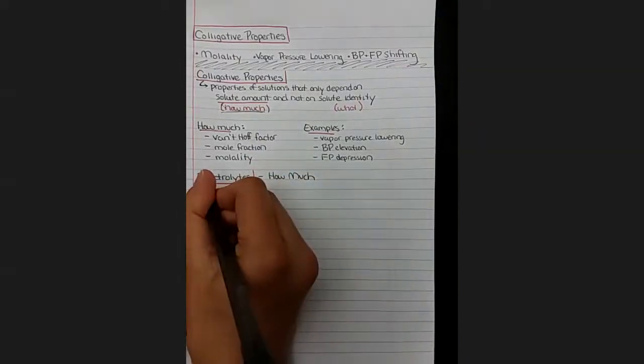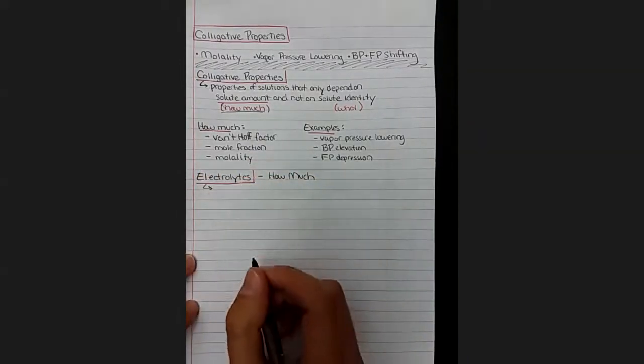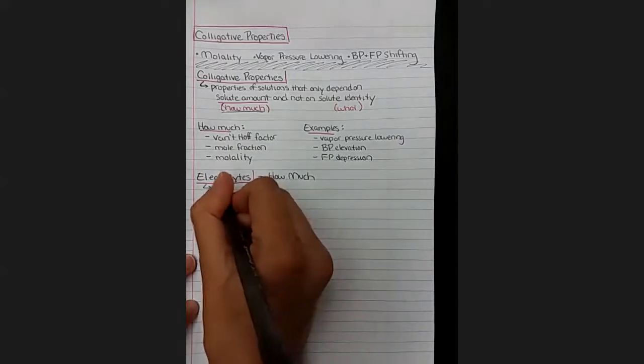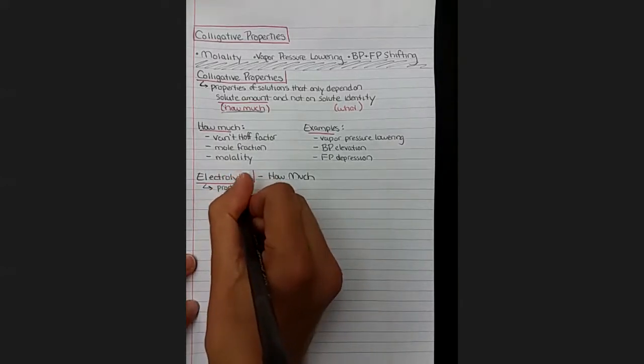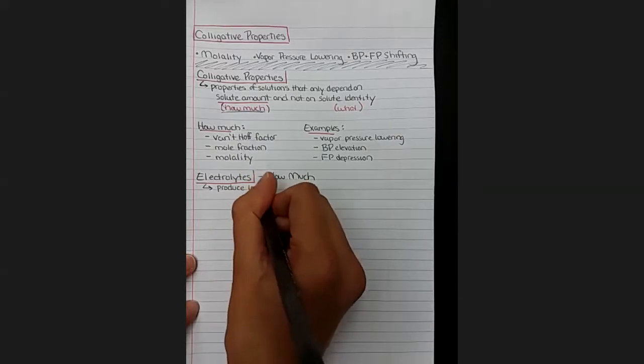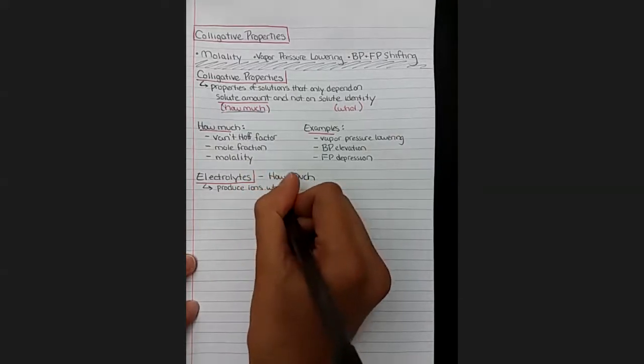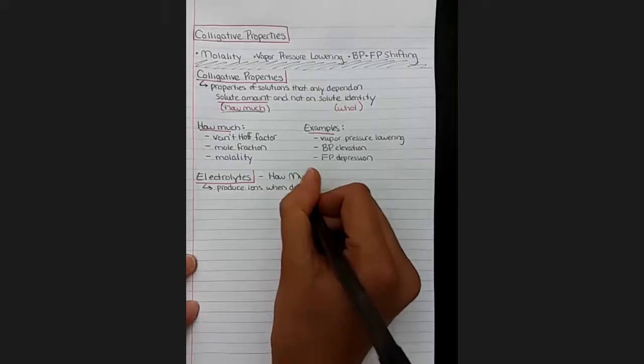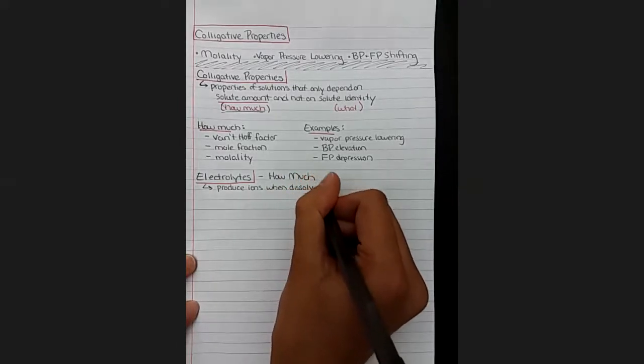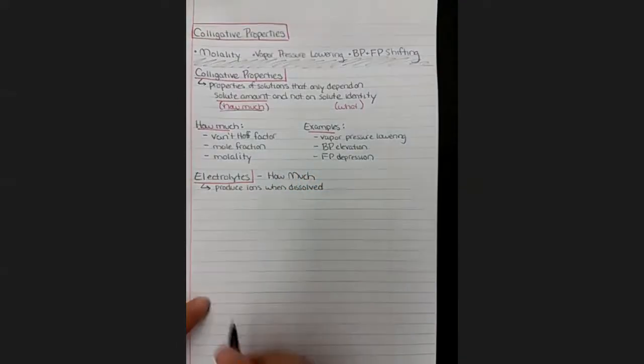Okay, so an electrolyte is a word you might have read on a Gatorade bottle in the past. So an electrolyte solution is one that produces ions when dissolved. It specifically describes the solute. When the solute is dissolved, it produces ions.